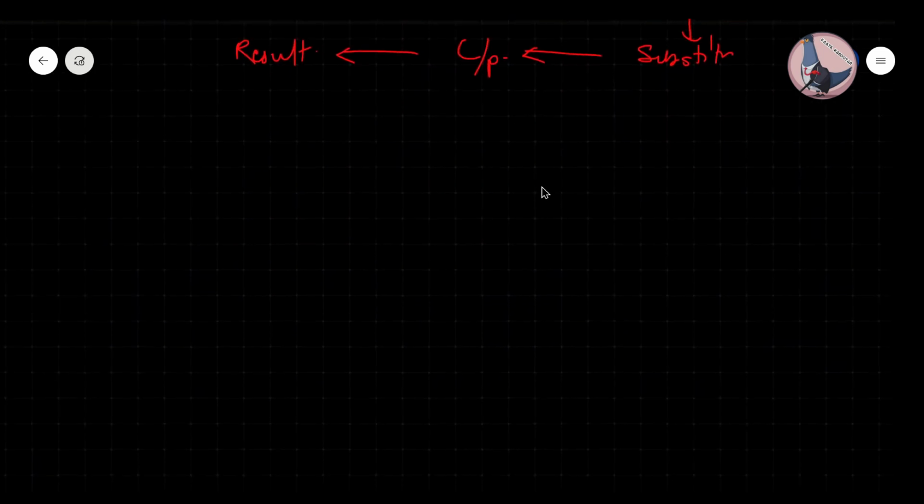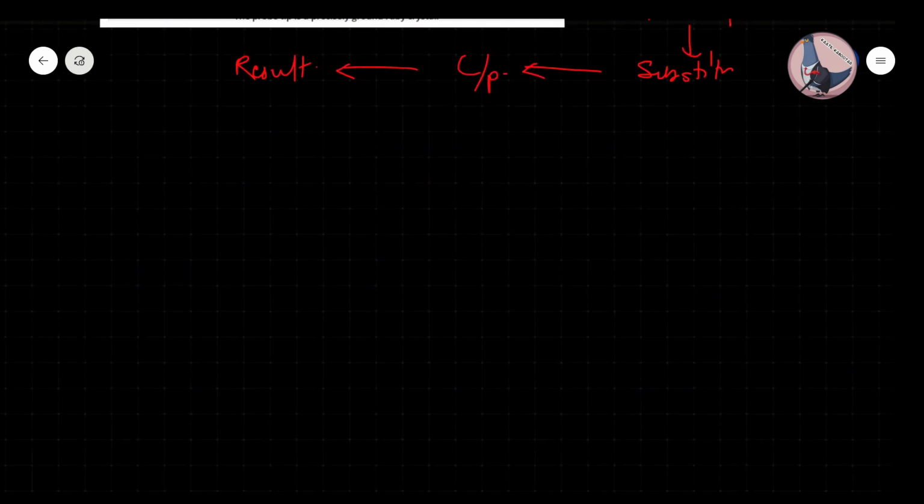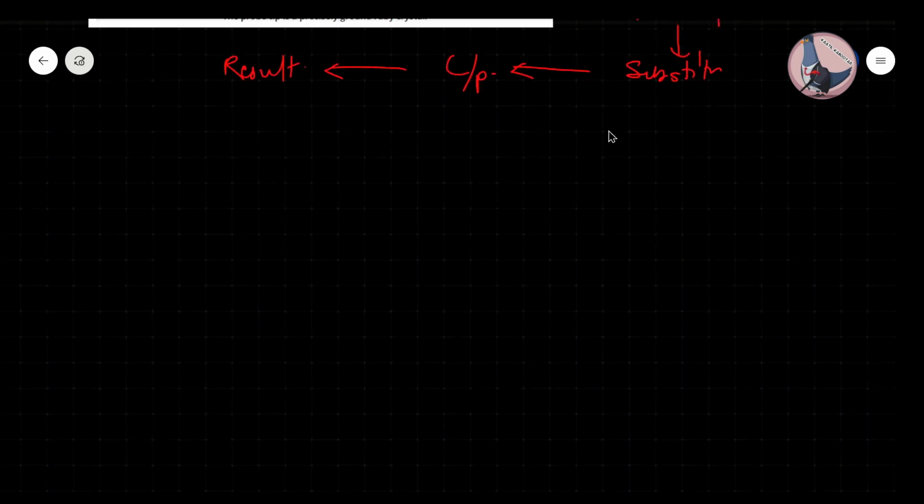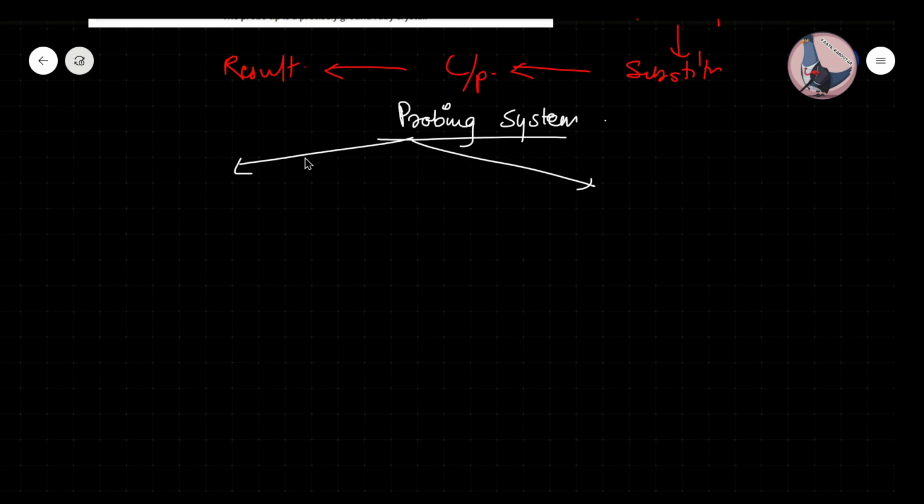Fine. Now we will be discussing this a little bit in detail. These probing systems can be of two types. First type is your contact probe.